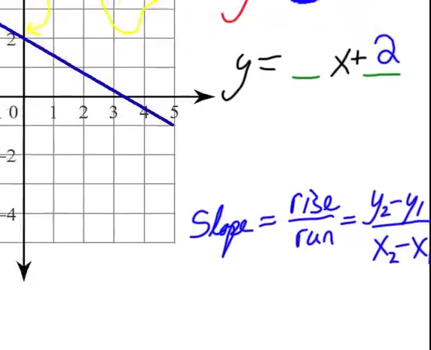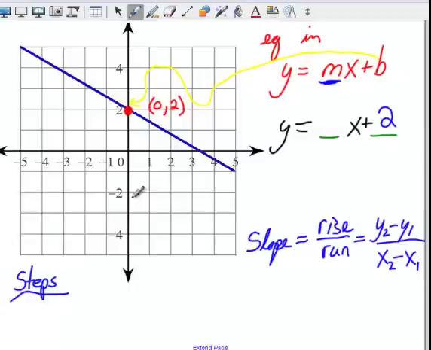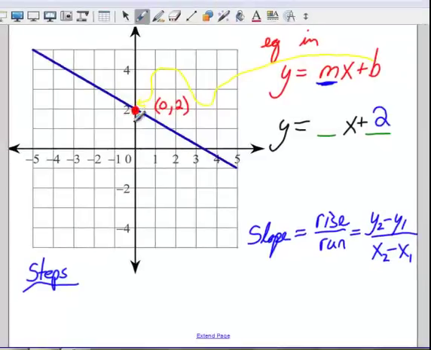So I can just pick 2 points here, and let's pick the y-intercept. So that's at point 0, 2. And let's pick another point where it crosses evenly. So let's pick this point right here because it looks like it crosses and hits right there on the integer.